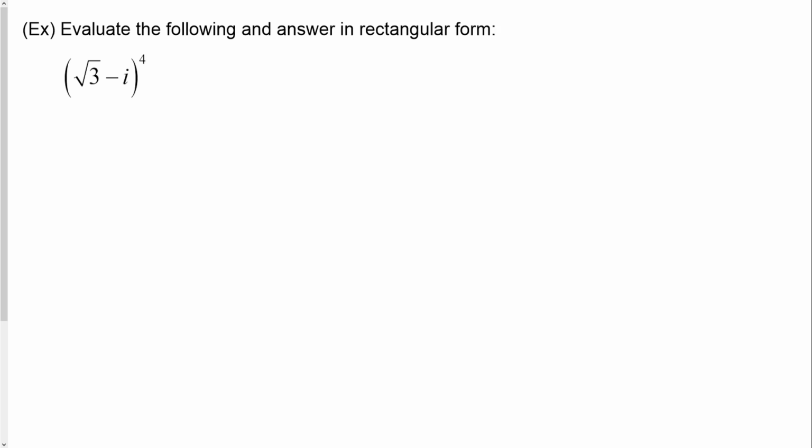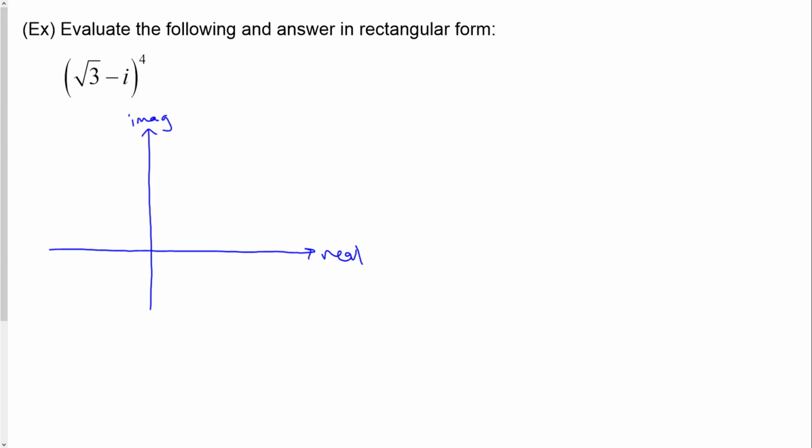Okay, so it's good to get a picture of what's going on in order to just kind of see things. So I'm going to draw a real and imaginary axis. Whoops, it's not my imaginary one, that's the real one. So real and imaginary.